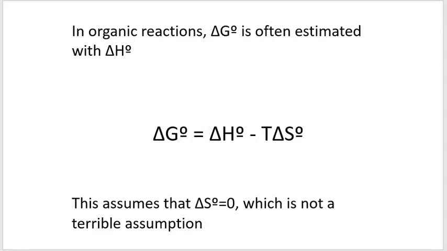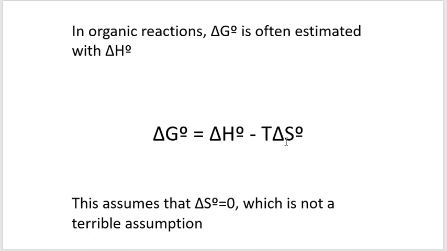So in organic chemistry, within the system, like within our reaction, we often don't get a big change in entropy. And that allows us to say that this term right here of this equation is approximately 0, and delta G is approximately equal to the change in enthalpy.